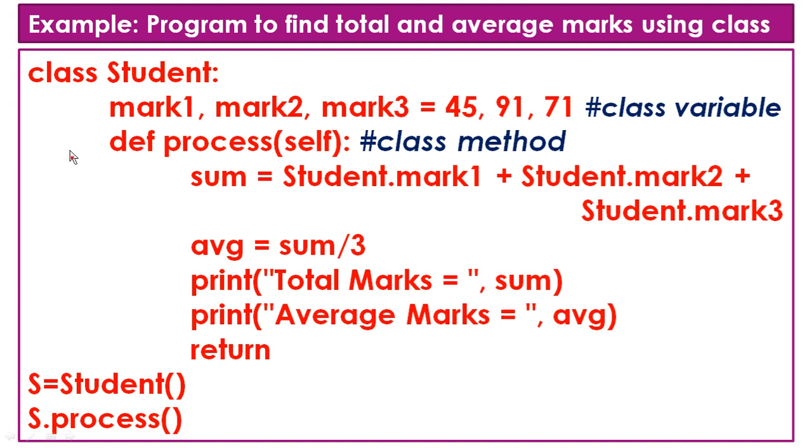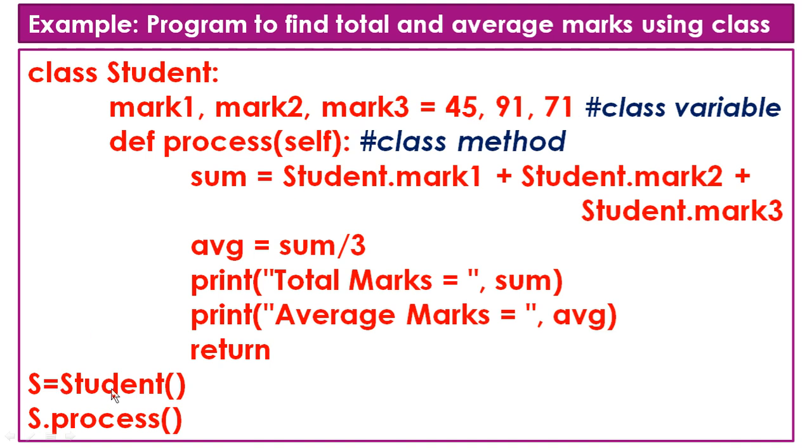So in this class program, the program starts with this instantiation statement, not from the class statement. Here the object S is created. This is the first statement of this program. Then the Mark 1, Mark 2, Mark 3 values are initiated.